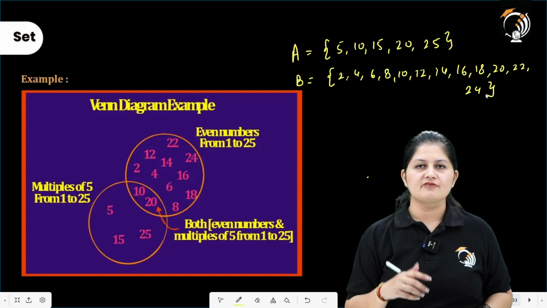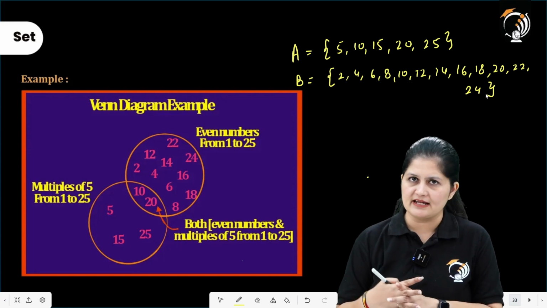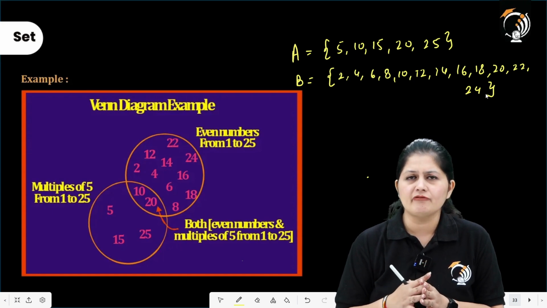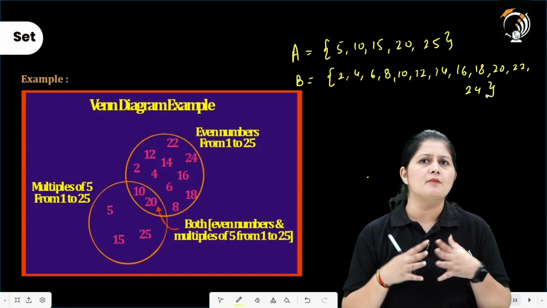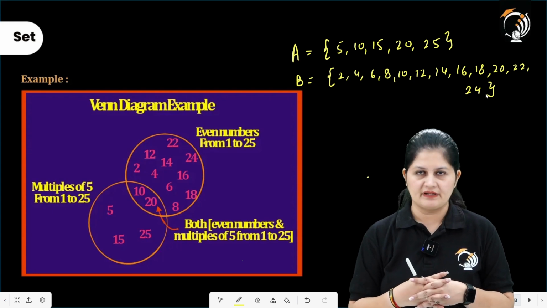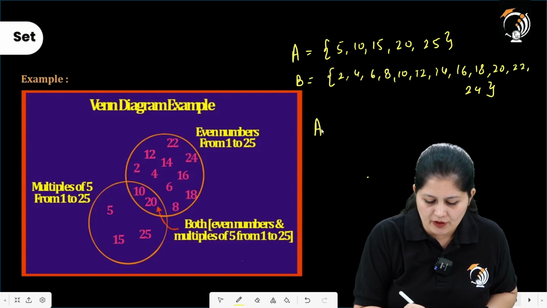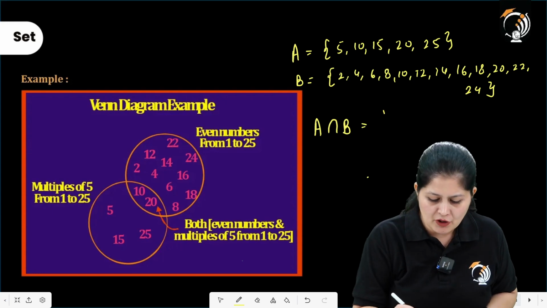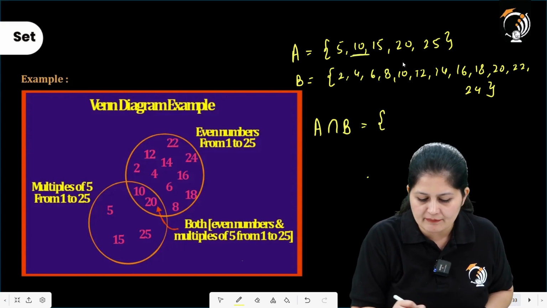Now, we are going to represent these given sets using the Venn diagram. If we need to say what is common between them, we write A intersection B. What is common between them? We observe that the common elements between the sets are 10 and 20.